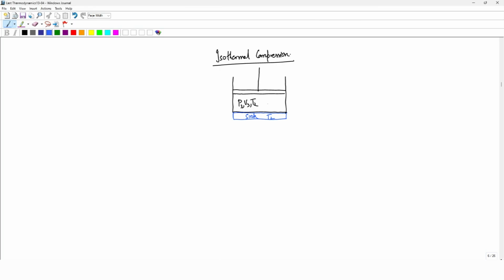So in order to maintain the piston cylinder system temperature at T2, there is heat transfer, because the sink is extracting heat from the piston cylinder system, and due to that extraction of heat there is a compression. Okay, so this will become this, and it will go to P4 V4, and temperature remains T2, and it will look like this.